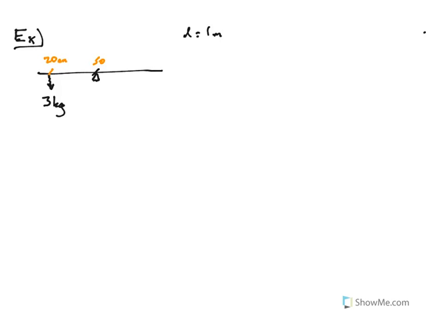The question is, if I place another weight at the 60 centimeter mark, what weight should be placed there such that this is in rotational equilibrium?